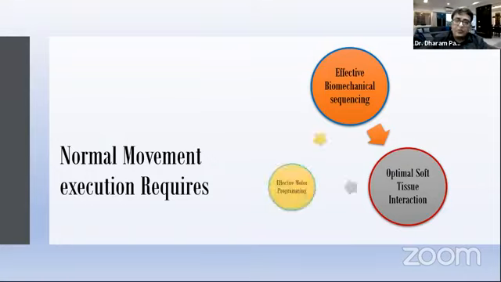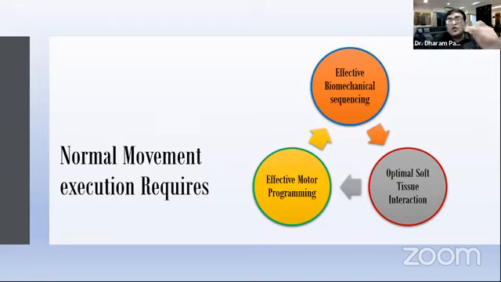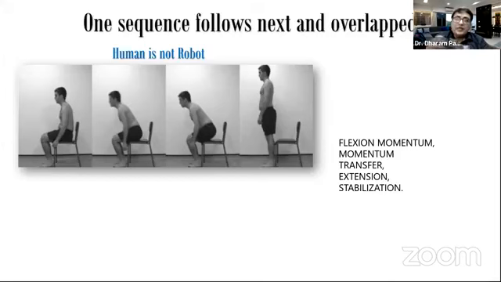So that is the optimal soft tissue interaction. And third, even if you have very good sequencing and very good soft tissue interaction, if you don't have motor programming, motor control, then definitely that movement is not going to be executed in the way it has to be, so it will be an impaired movement, and it will not be in that sequence.